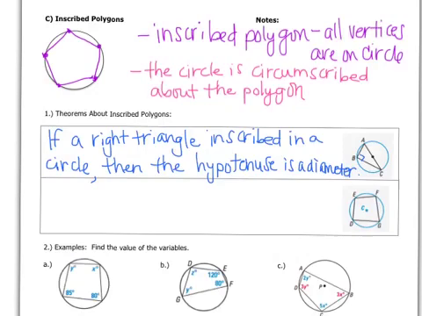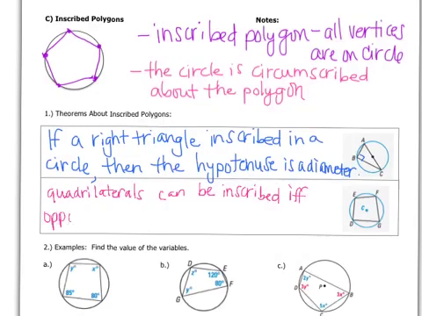And finally, this is talking about quadrilaterals specifically, so anything with 4 sides. Quadrilaterals can be inscribed if and only if the opposite angles are supplementary.